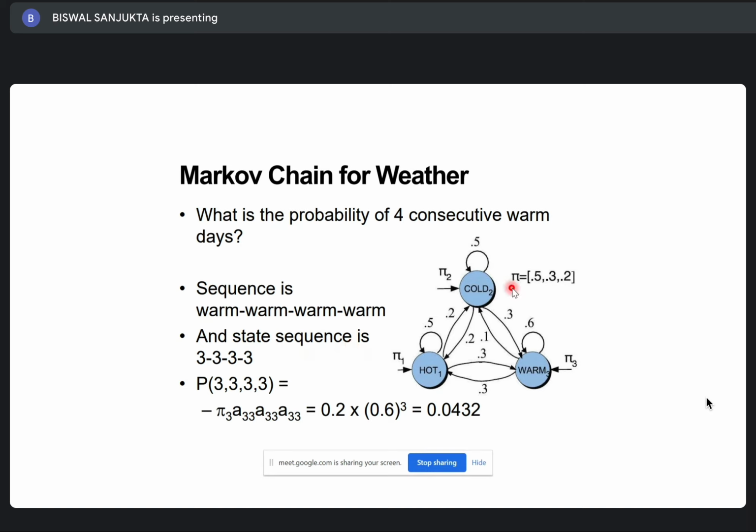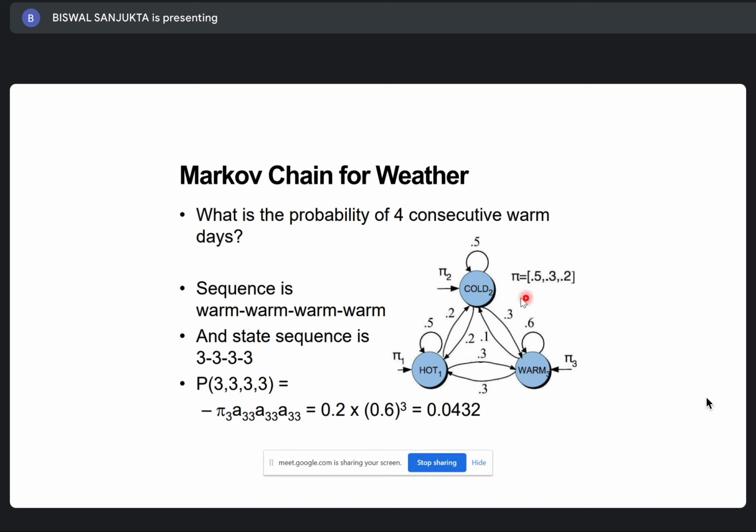And this pi is nothing but your initial vector: the probability that your first day, let's say we have 10 days, is hot, cold or warm. They have given 0.5 for hot, 0.3 for cold, and 0.2 for warm.